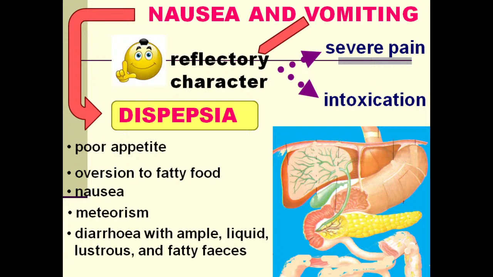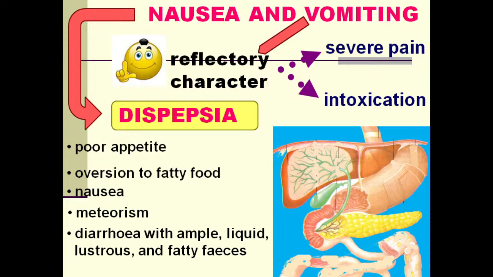It is accompanied with nausea, meteorism, and as a result, diarrhea, because the organism wants to remove undigested content to prevent intoxication of the organism. Diarrhea has specific characteristics.